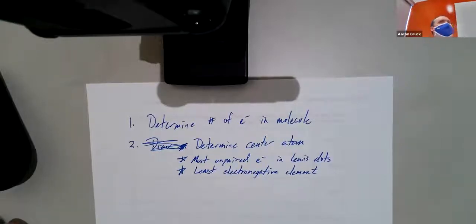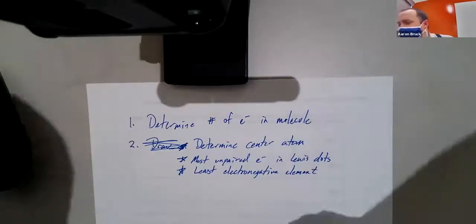Now, electronegativity was not a periodic trend that we talked about in chapter 3. It's one that we are going to talk about on Wednesday next week when we talk about bond polarity and bond enthalpy. But the general trend is this.